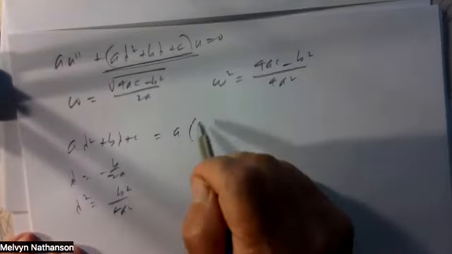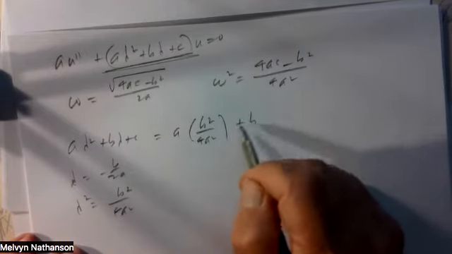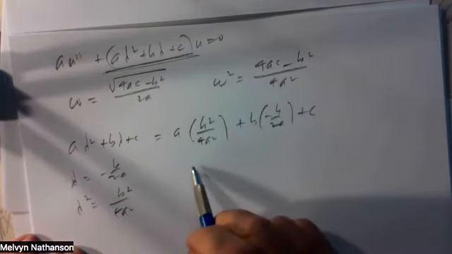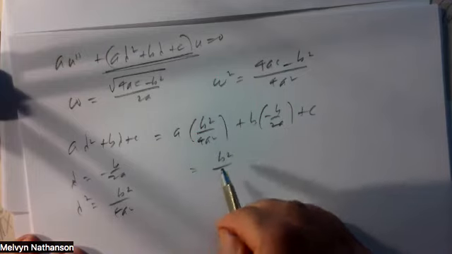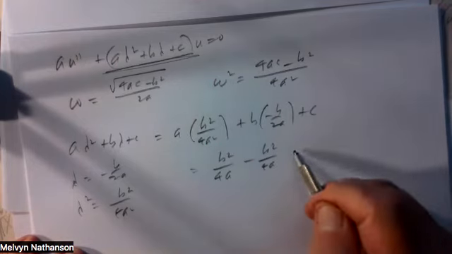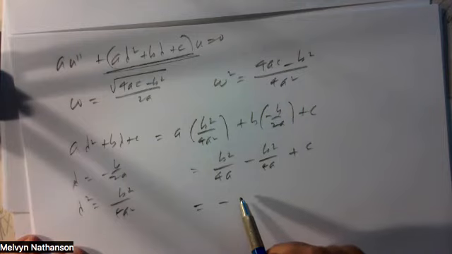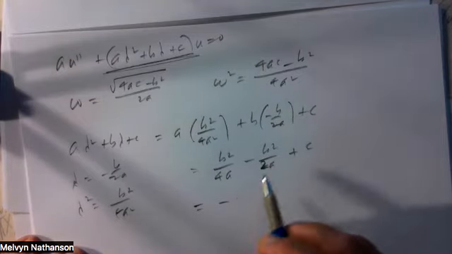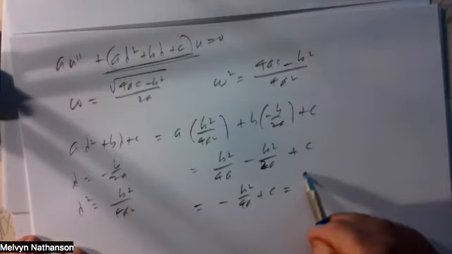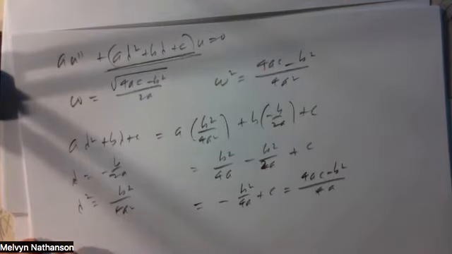So this is equal to A times B squared over 4A squared plus B times minus B over 2A, plus C. So this is B squared over 4A minus B squared over 2A plus C, which is minus B squared over 4A plus C, which is 4AC minus B squared over 4A.